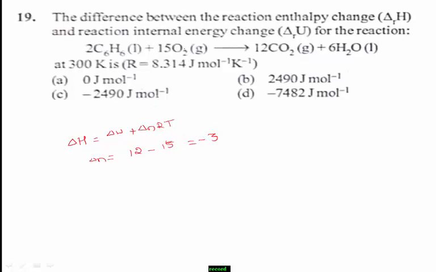Take only the gaseous form of the reactants and products. Then delta H minus delta U equals minus 3 times 8.314 times 300. When you calculate this, the value becomes minus 7482 joule per mole. So the answer is 7482 with the negative sign. Option D is the right answer.